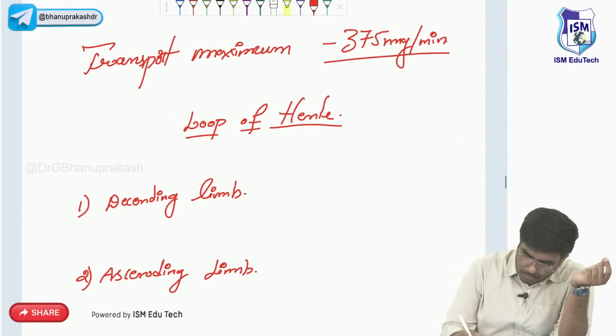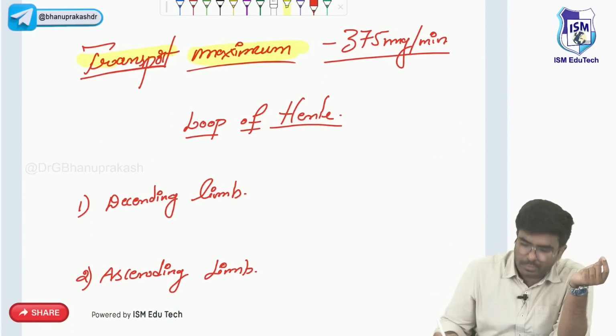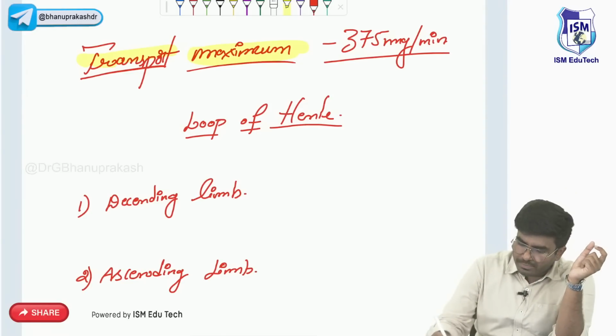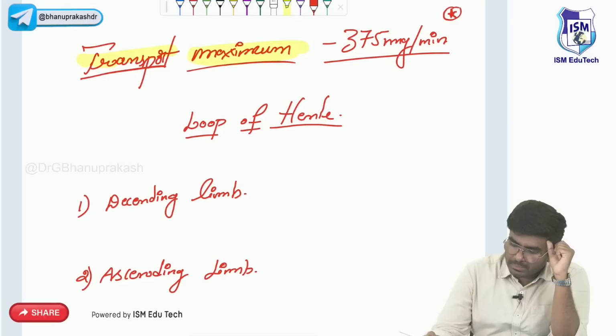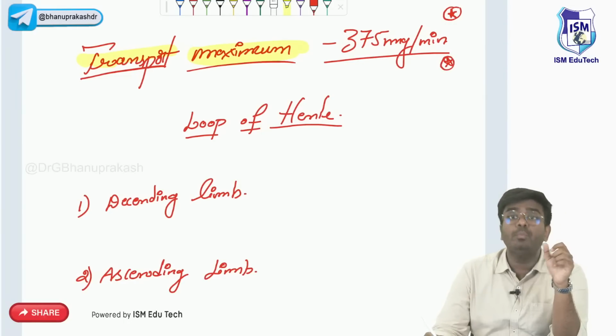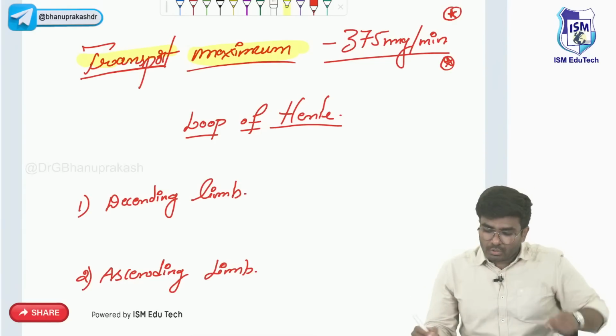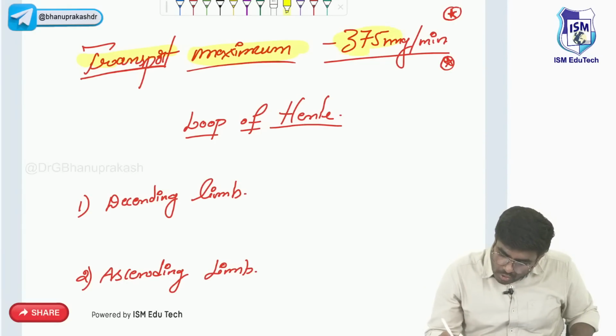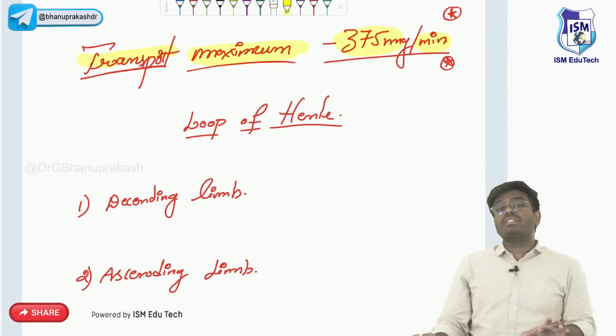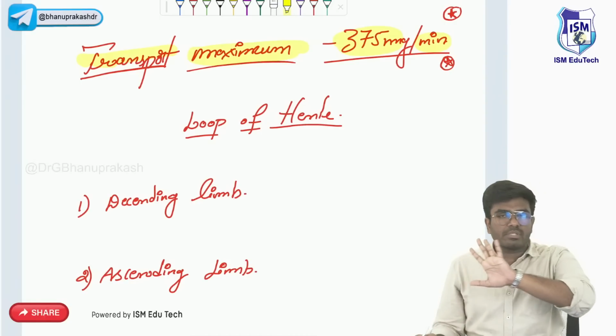Now the second important point is the transport maximum. What is the value of transport maximum? 375 milligrams per minute. If you put this much amount of glucose into the kidneys, this is the filtered load. If you put more than this amount of glucose into the nephrons every minute, glucose reabsorption doesn't happen.